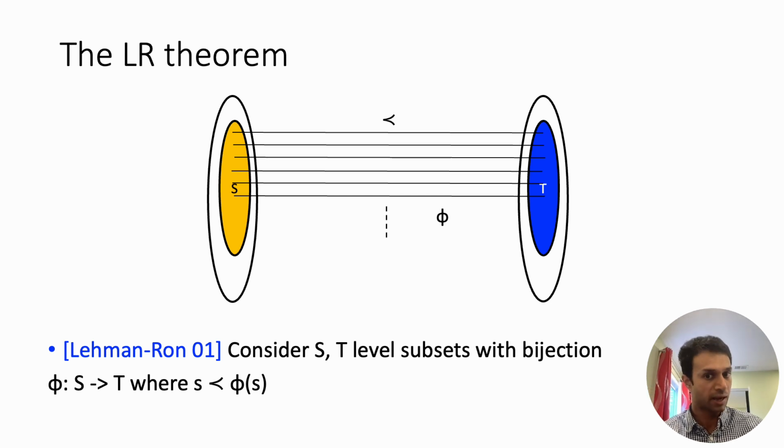All the vertices in T have the same Hamming weight. And we'll have what is called an ordered bijection, denoted by phi, between them. So what this simply means is that this is a bijection according to the partial order. So we have a bijection phi between S and T, such that for every little s, every element in S, phi of little s is actually greater than s according to the partial order.